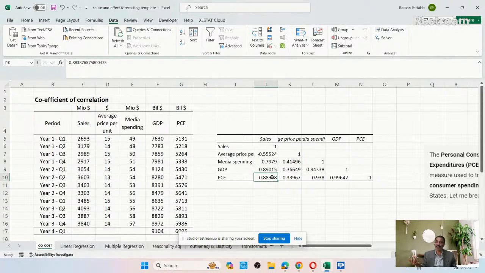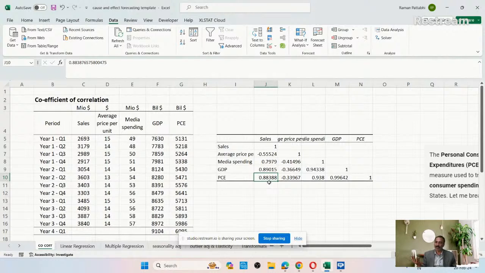As you see in this comparison, the GDP and PCE have the highest impact. Of course, when you get to one, the relationship is perfect. When you get zero, there is no relationship at all. When you get a minus, you can expect a totally opposite relation.